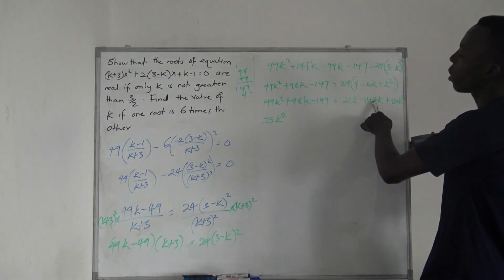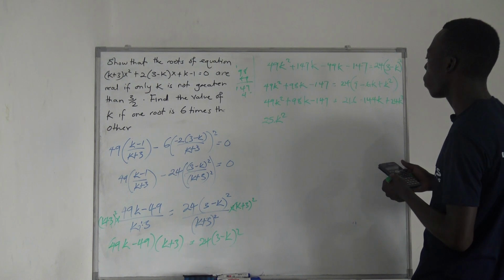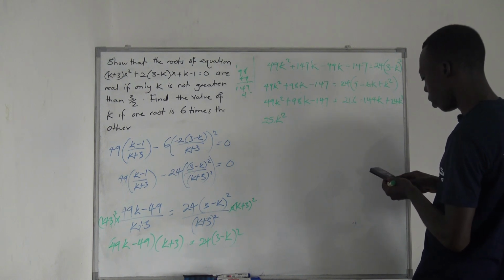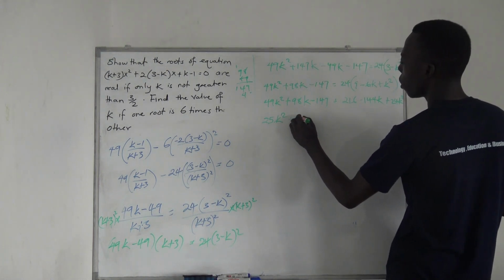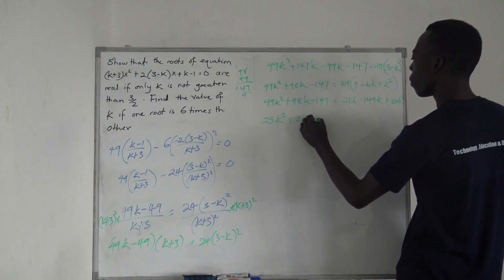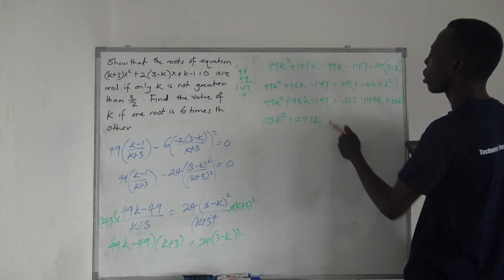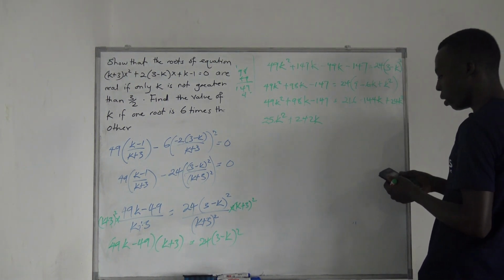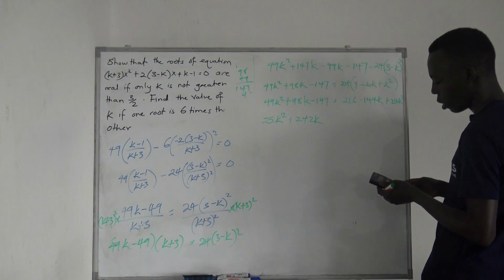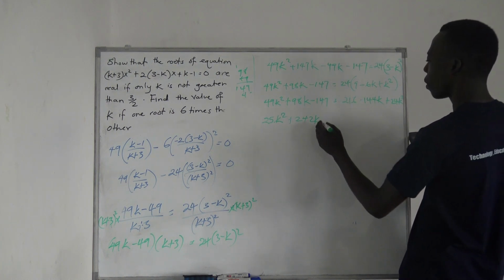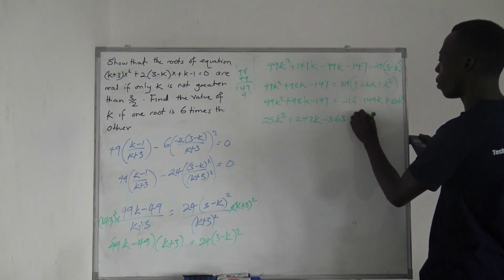So we take also this one to the other side, so it will be 144 plus 98, which becomes plus 242. Also take the 216 to the other side, that is 216 plus 147, so it becomes minus 363, and it must be equal to 0.